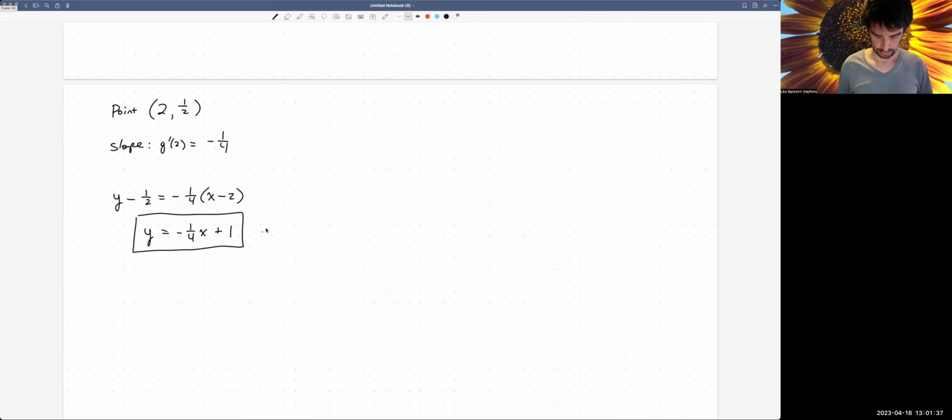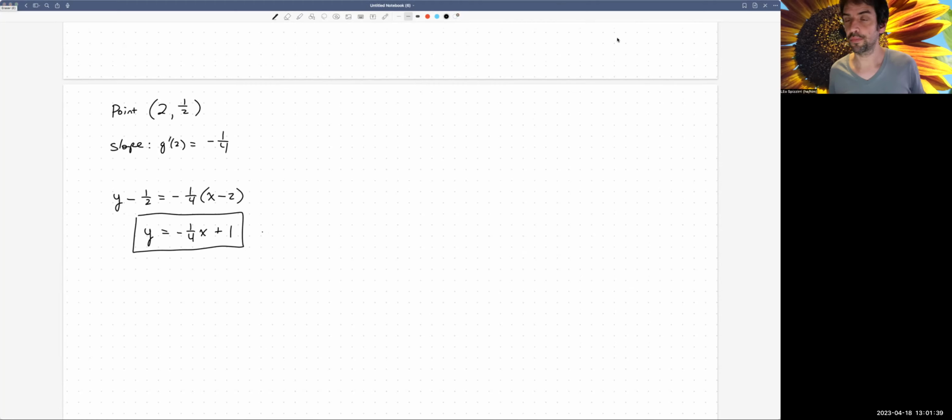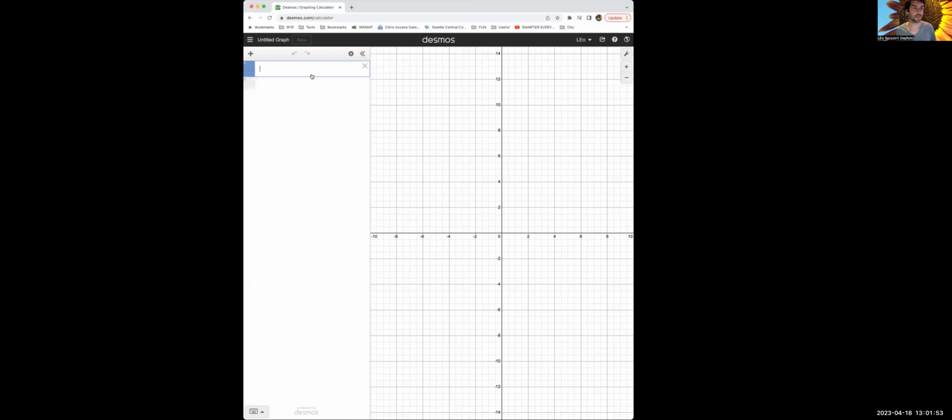Let me open up a graph. Let's graph this thing just to take a look at what it looks like. I'll open up Desmos and share it with you. So here we go. So first let's put in g of x equals 1 divided by x.